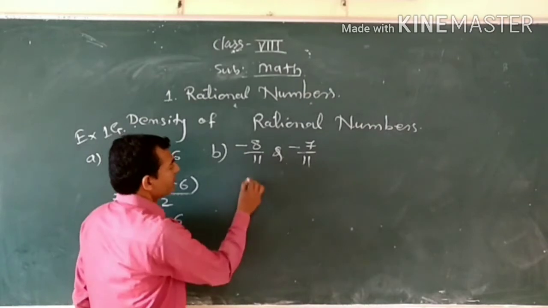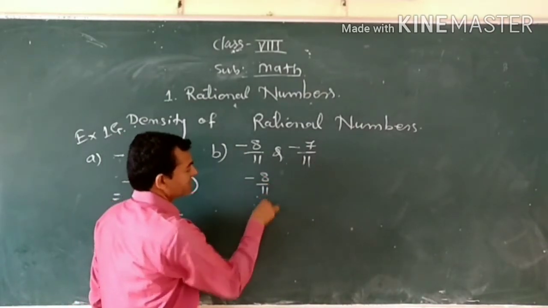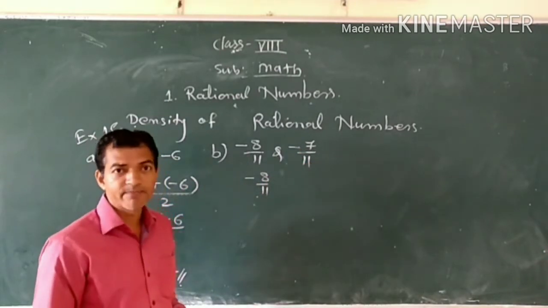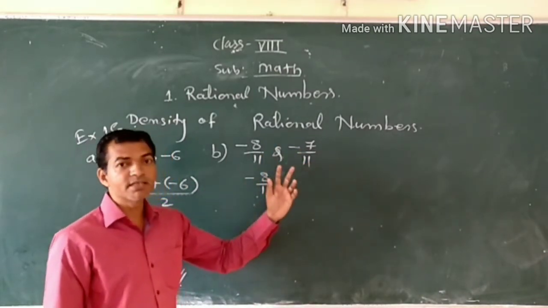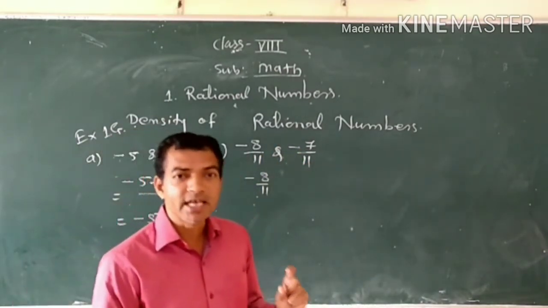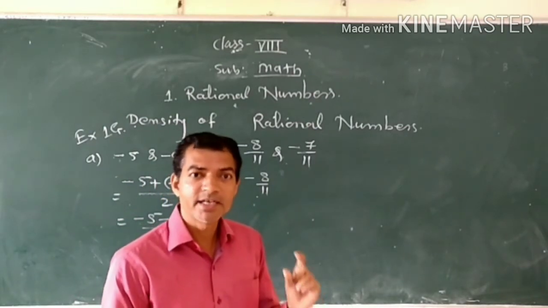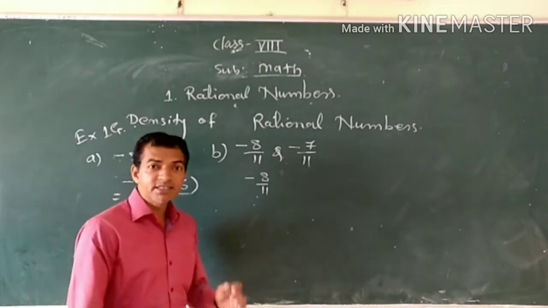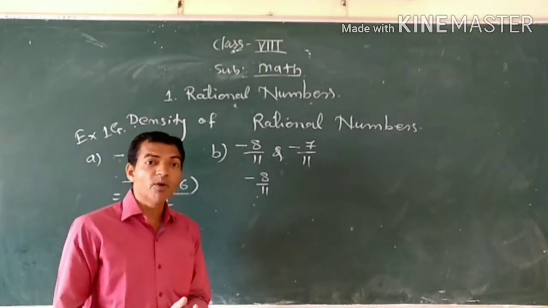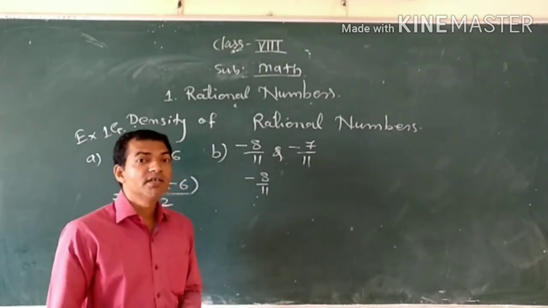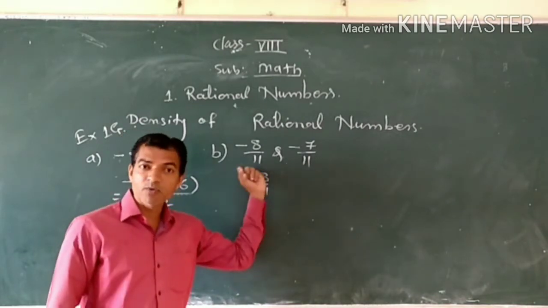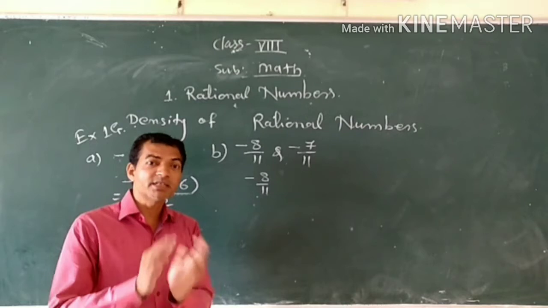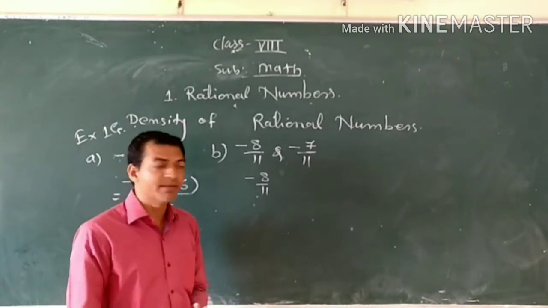See here, -8 by 11 is here, and the second number is -7 by 11. In both the rational numbers, the denominator is the same. So can we write these rational numbers with a different common denominator?